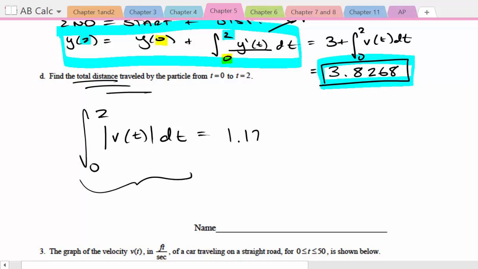Your answer is 1.173. This question actually has 3 points connected to it. 1 for the integral from 0 to 2. You need those limits. 1 for the absolute value bars, and then 1 for the answer.